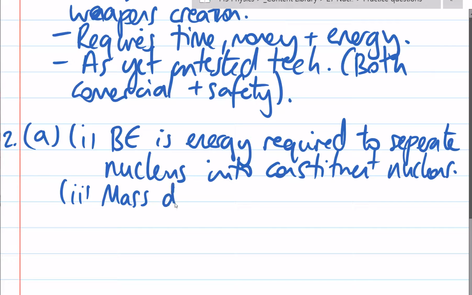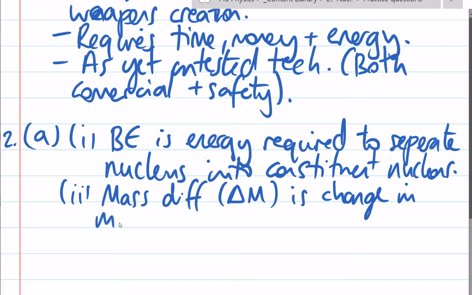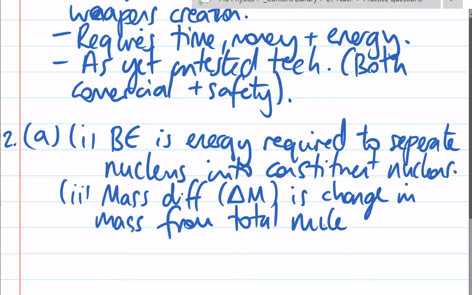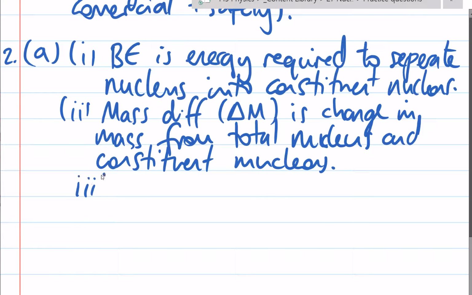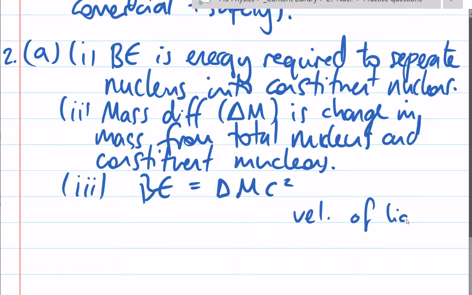Mass difference, delta M, is the change in mass between the total nucleus and the constituent nucleons, so it's the difference between the two. Part 3 is asking for the relationship between these. Binding energy is equal to delta M c squared, where c is the velocity of light, and delta M is the mass difference, as I said before.